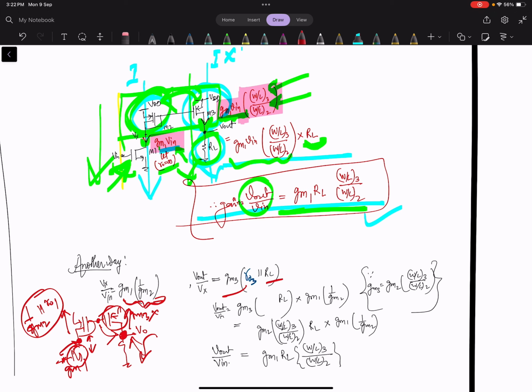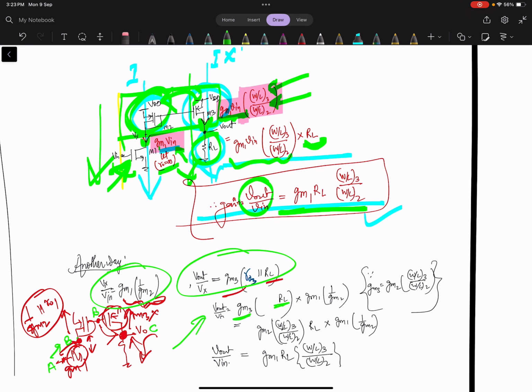Let's call the nodes A, B, and C. So the A to B gain is defined by this, and B to C is defined by this: gm3 times RL. For the total gain, you need to multiply these.